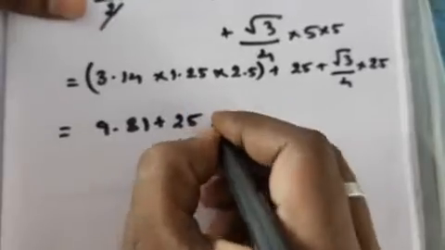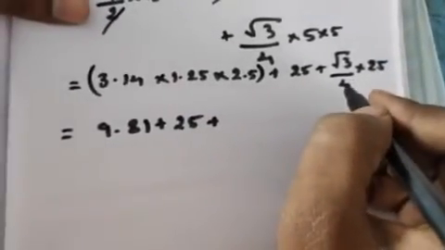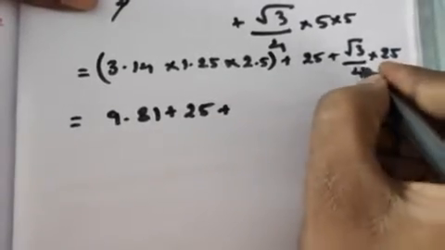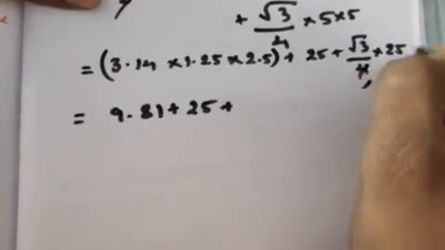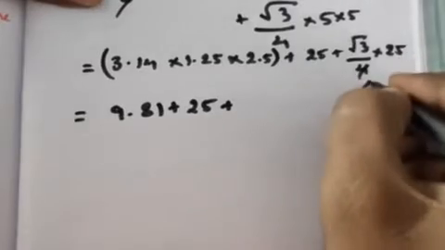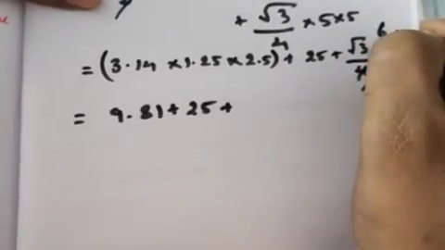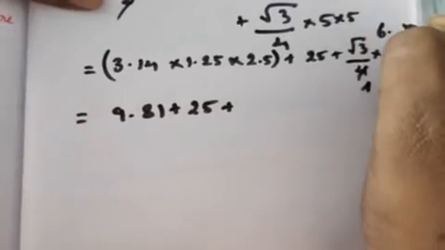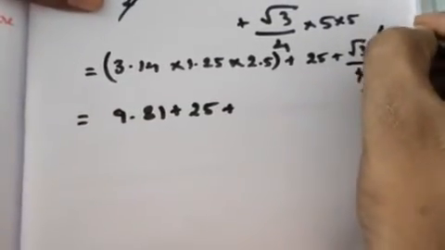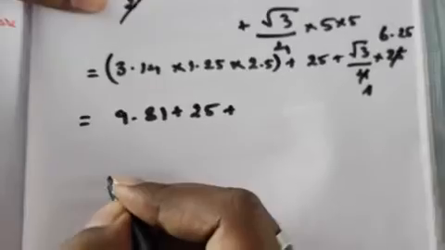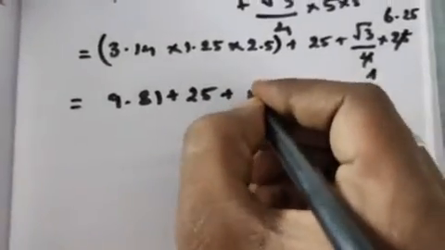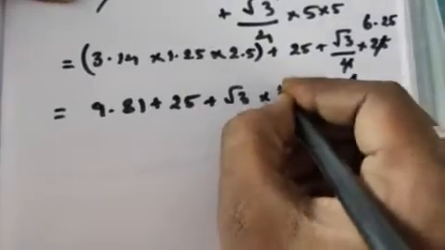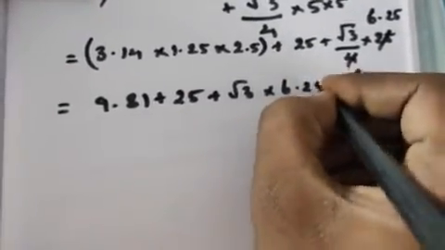Here we have 4 in the denominator, so we cancel 4 and 25. 1 fours are 4, 6 fours are 24, remaining thing is 1, therefore we get 6.25. The remaining thing will be root 3 into 6.25.